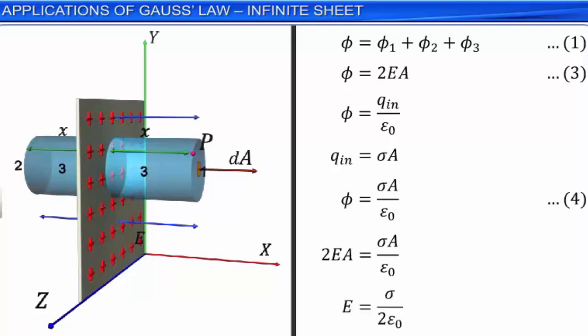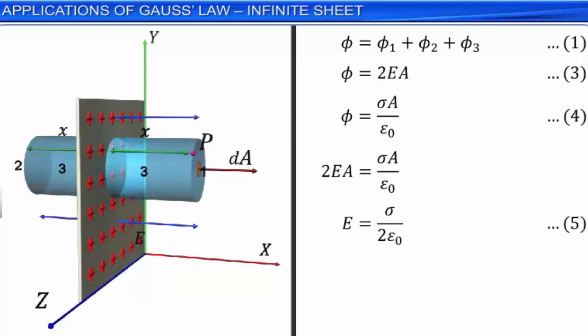The expression for the electric field due to the infinite plane sheet of charge shows that the electric field strength due to it is independent of x. Vectorially, E is equal to sigma by 2 epsilon naught into n cap, where n cap is the unit vector perpendicular to the plane and passing away from it.